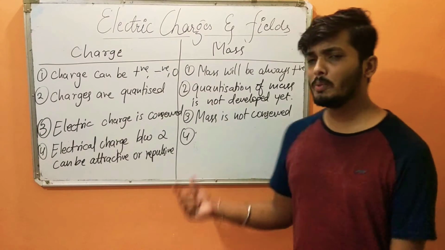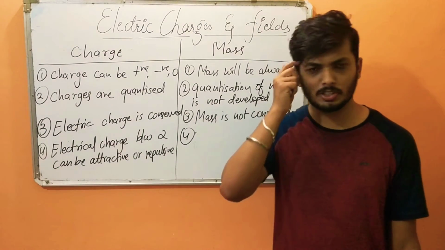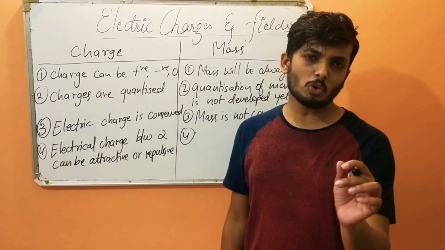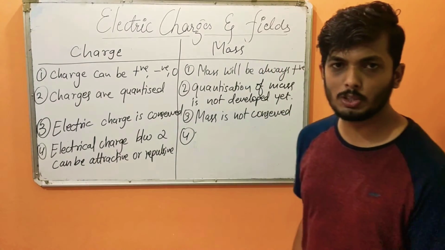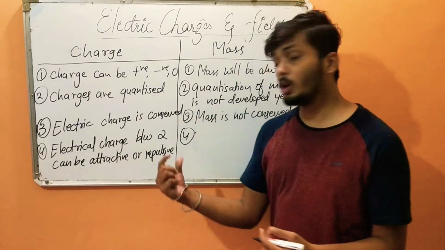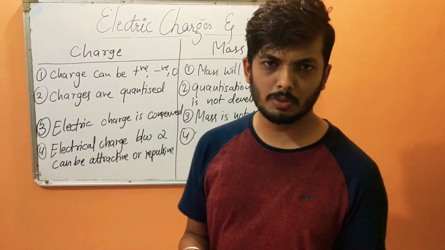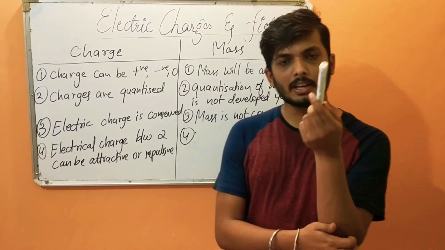Next, what about the mass? Mass is governed by which force? A gravitational force, is it not? Electric charge is governed by which force? Electrostatic force. Now you know that electrostatic force can be either repulsive or attractive. But what about gravity? Gravity is governed by the mass of the object. If I throw this pen up, I am throwing the pen against gravity.